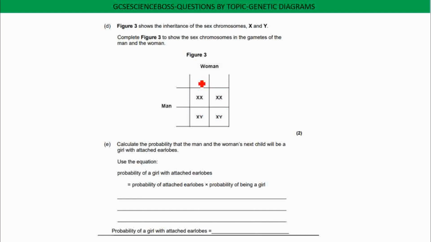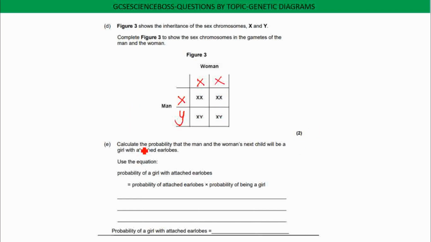So this has to be X, because remember, males have both chromosomes. So the males would have X and they would have Y. So why am I putting Y here? Because there's Y along this side, and females only have X chromosome. That's an easy 2 marks.